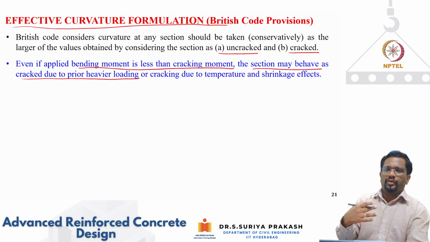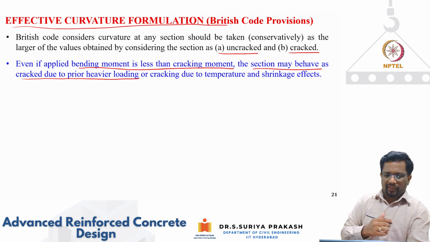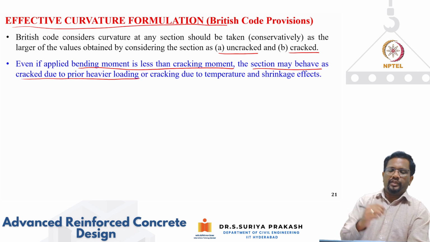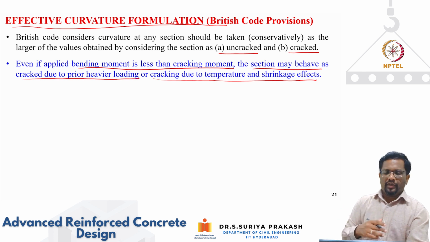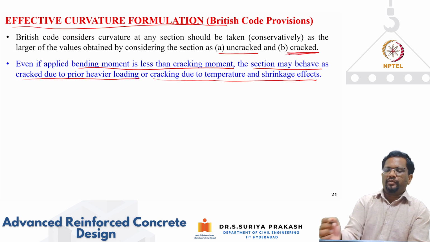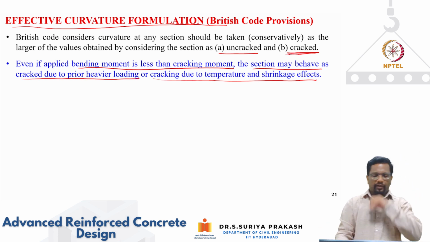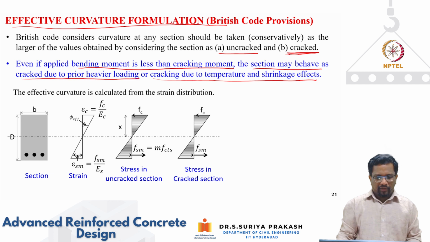So the code is saying it is prudent to use cracked section analysis for calculating the effective curvature that needs to be used for deflection calculations. You may also have cracking due to temperature and shrinkage effects which you cannot completely avoid. So the British code is saying it is better to always take cracked section analysis for calculating deflection. So let us see now what these things are.